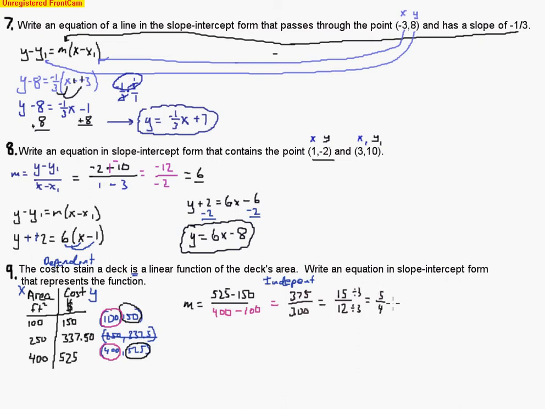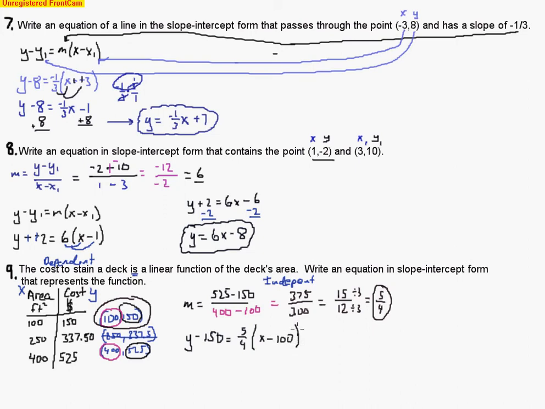And I'm going to use this number here and one of the points. I'm going to choose to use this point right here, 100, 150. And we're going to put those numbers into our point-slope form. So we'll go ahead and rewrite it. We've got y minus 150 equals the slope, so 5/4 multiplied by x minus 100.